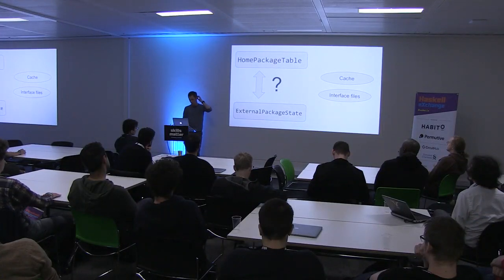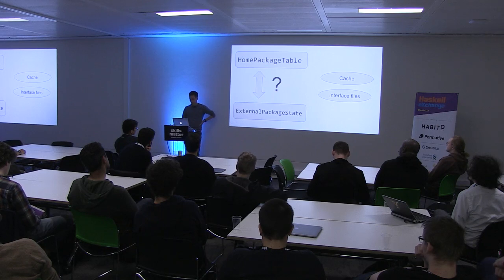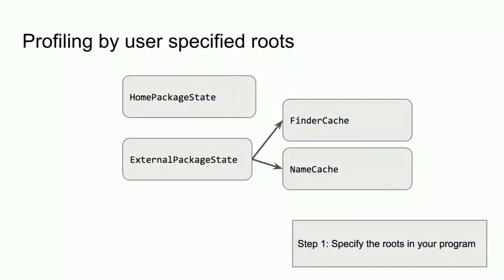So usually the old way would be to just look at your program and find out what's going on. But now there's this new patch by Daniel G, which has a new profiling mode to try and answer these kinds of questions. How this patch works is you're allowed to specify roots to specific things in your program.